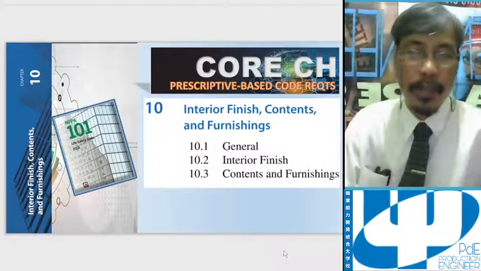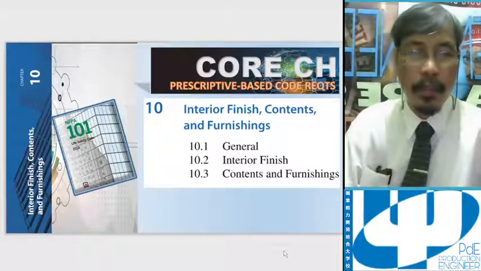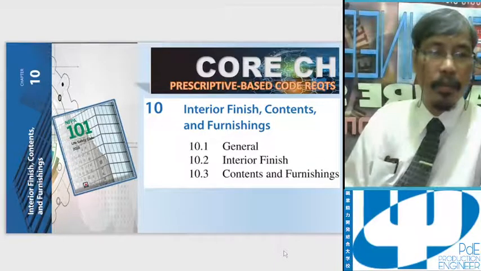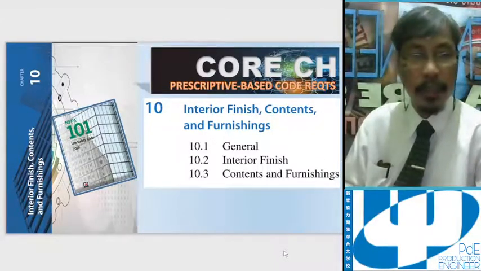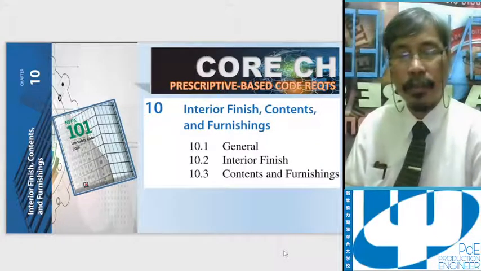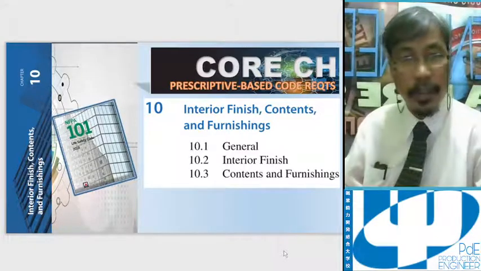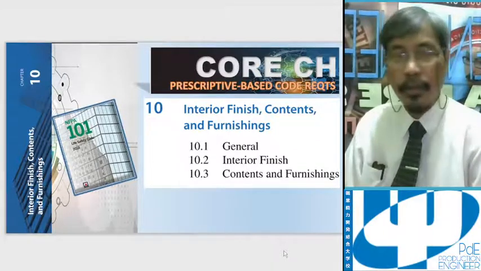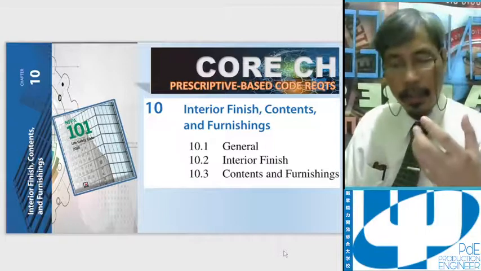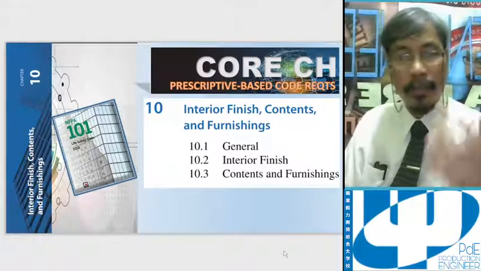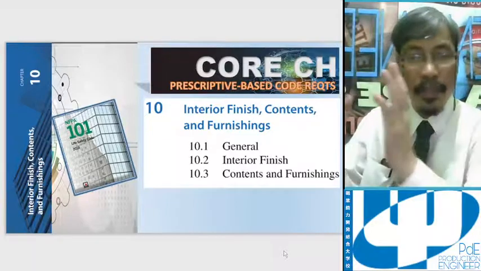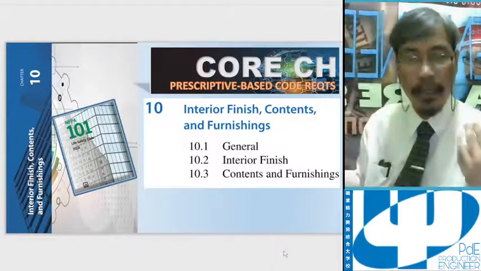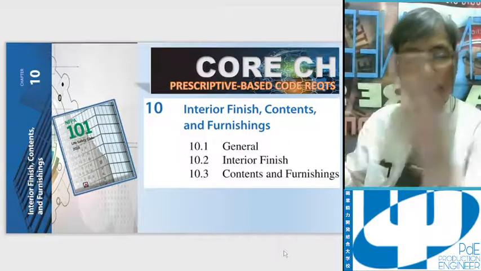What about chapter 10? Interior finish, contents and furnishings. So more on architectural and what? Building design or civil engineering. No? General, interior finish and contents, furnishing. Why? Because they are materials, and because they need to be there, they have to be fixed in a building, in an occupancy.